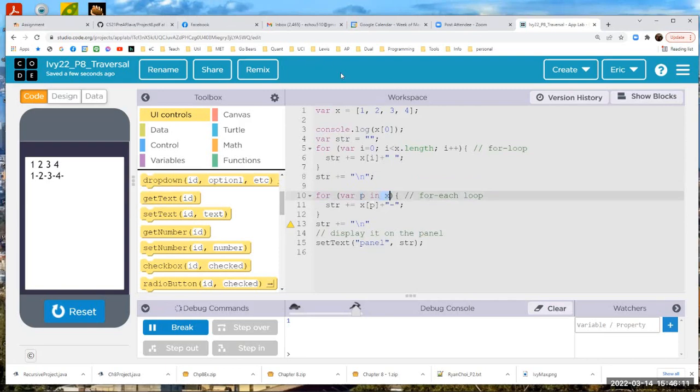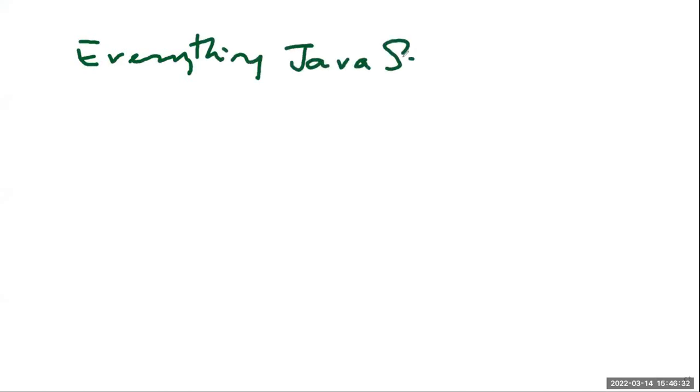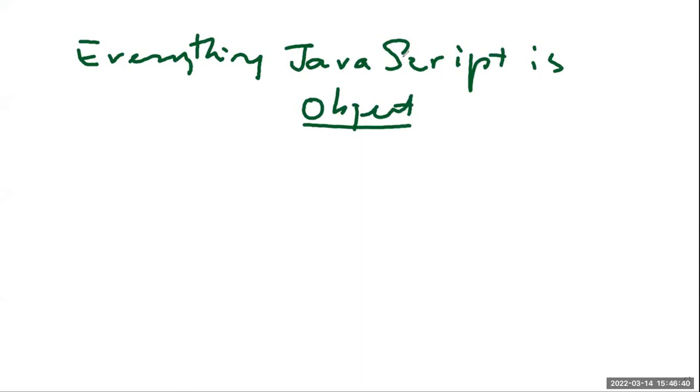So what is a property? We talked about a variable before, and each variable in JavaScript, even if it is a primitive data type, is also an object. So everything in JavaScript is an object. This is different from the Java language.